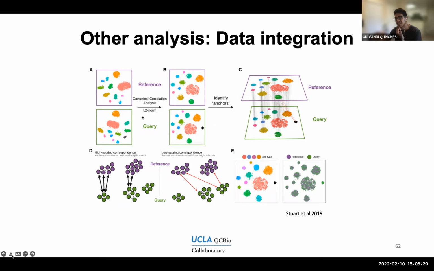And the way to perform this analysis, very, very roughly speaking, is first, you have to establish a unit of distance between the two data sets. In this case, an L2 norm distance, which calculates, based on the different gene expression values, how similar the cells are between one study or sample and the other one. And then based on this distance analysis, you can obtain a new coordinate system, a new set of values that will alter your clustering for both of your data sets.